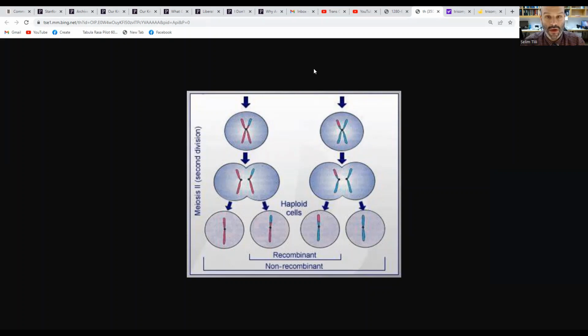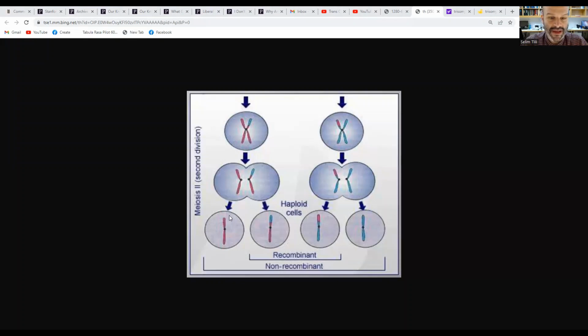So where we started with 46 chromosomes and it became 92 in the replication phase, and then split up into two cells of 46 chromosomes, what we see here is that these 46 have to split again so that each cell now has 23.